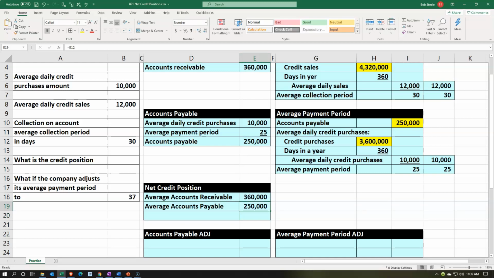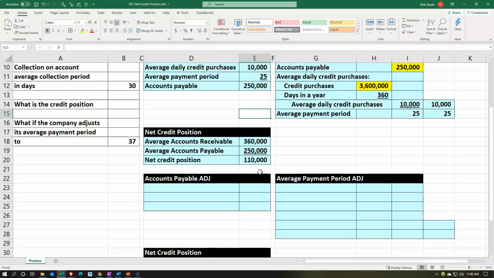Let's underline that and go to the home tab, font group, and underline. That's going to give us the net credit position, which is going to be equal to the receivables minus the payables.